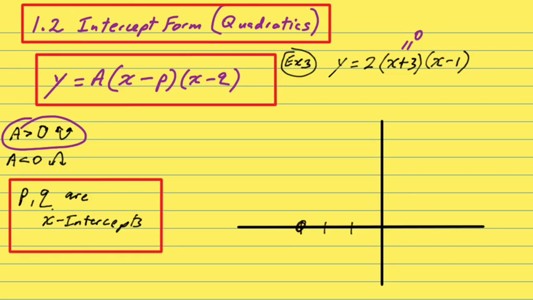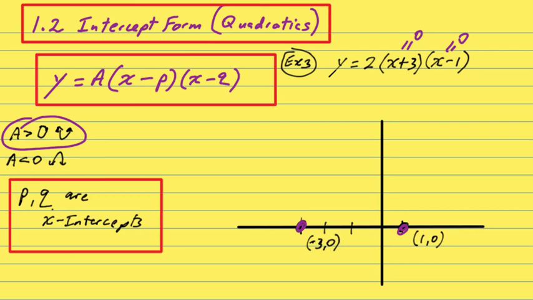That's what's called the x-intercept. So I know it's going to go through negative 3, 0. What value makes this other part 0? That would be 1. So I know it's going to go through 1, 0. So I know it goes through here and here.